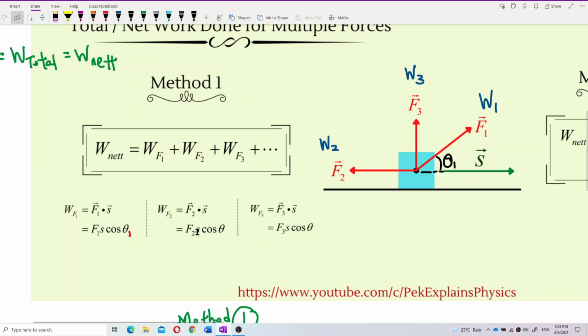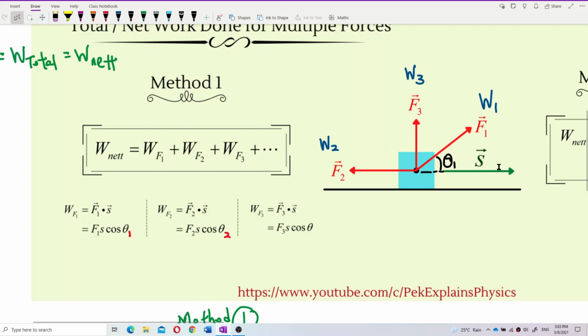How about F2? Work done F2 is F2 dot displacement, so force F2 multiplied by displacement and cosine theta 2. The angle theta is always compared with displacement; displacement is the most important.